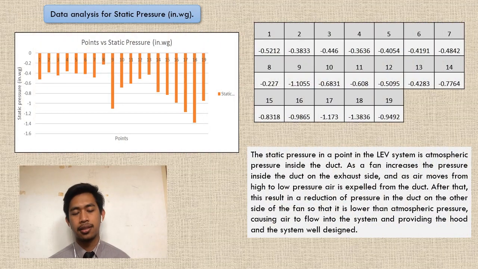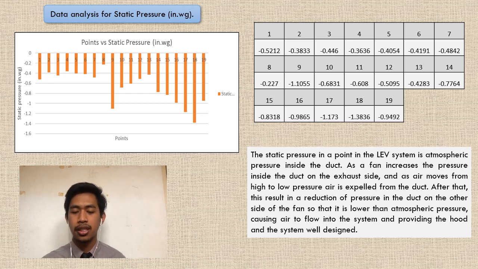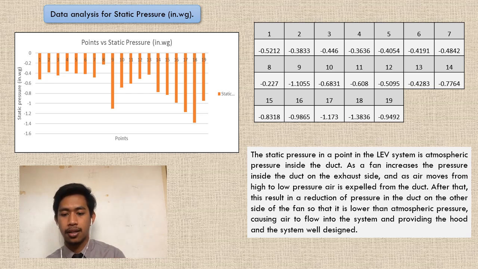Okay, this slide is most important because it is the static pressure. This static pressure must be a negative value. So we can see almost all the data, the 19 points, are in very good condition. As the fan increases the pressure inside the duct on the exhaust side, air moves from high to low pressure and is expelled from the duct.